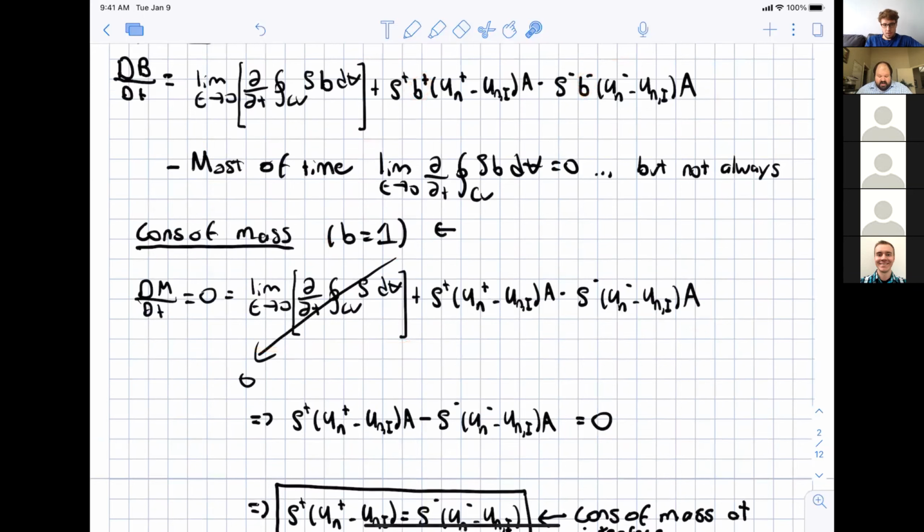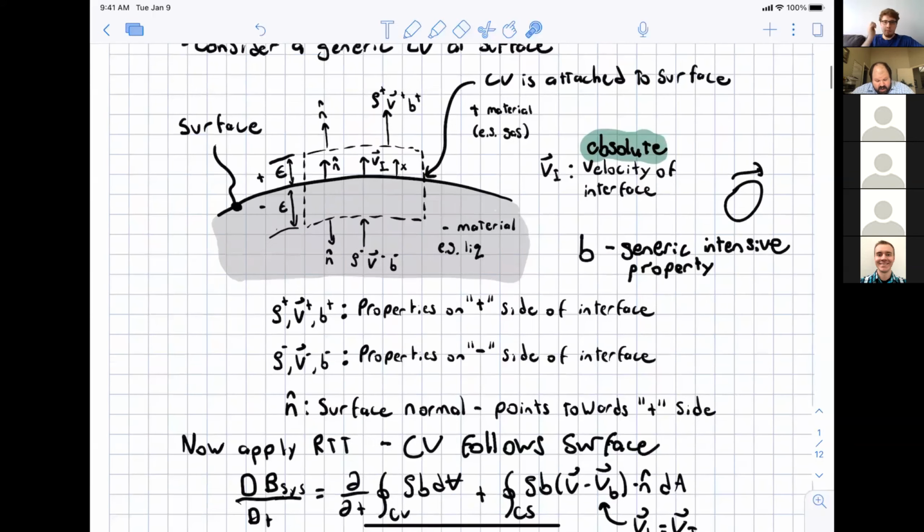And note, this here is the volume integral of mass over the entire control volume. If we are making epsilon go to 0, that means there is in effect no volume inside this control volume. So the volume integral of a quantity where there's no volume is also going to approach 0.